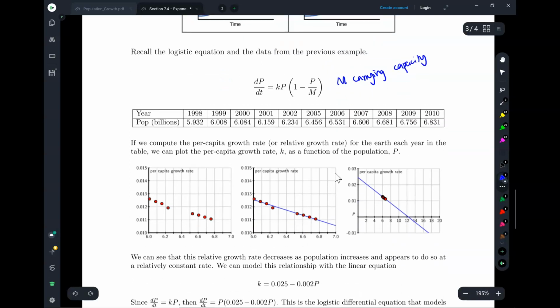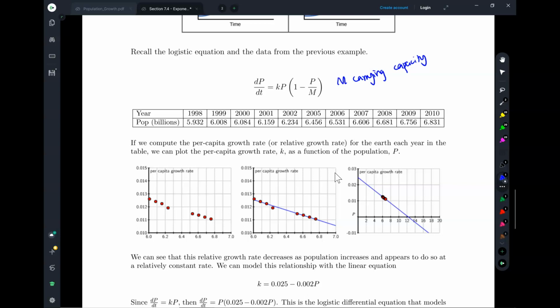So we have our table again here. Now, we're not going to dive that deep into the logistic model, but I wanted to at least show you this model so you could see how much more accurate it is than just the exponential growth model, especially to model population where there would be some sort of carrying capacity involved, which I think would be most cases.